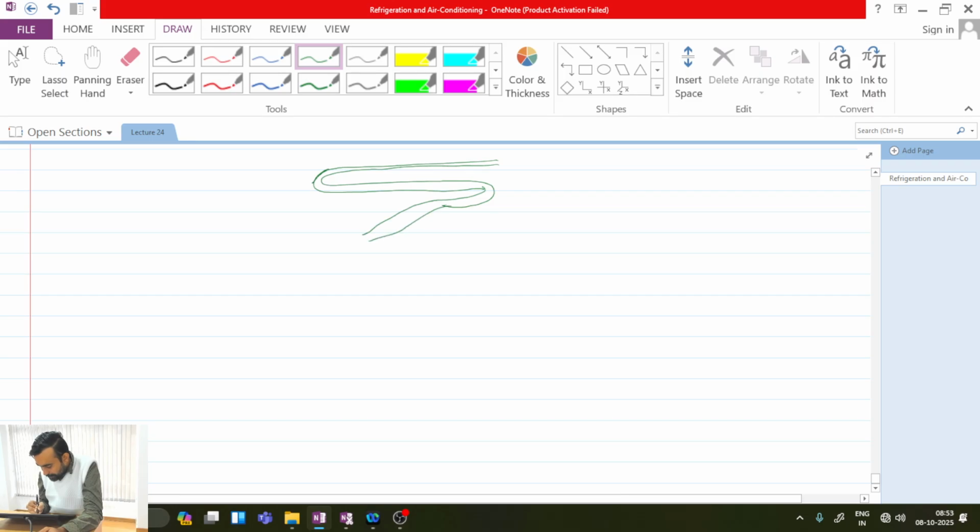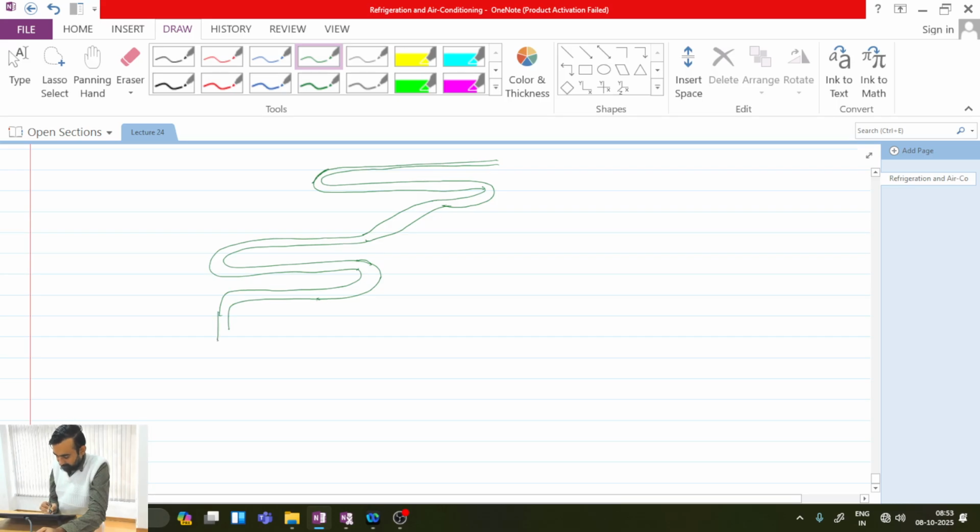And this is the evaporator. What is this?